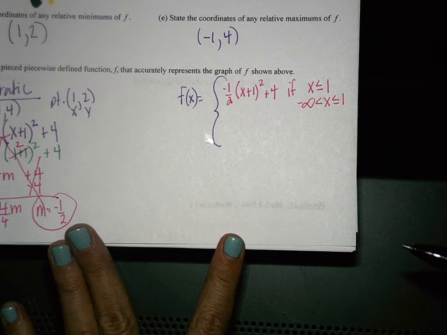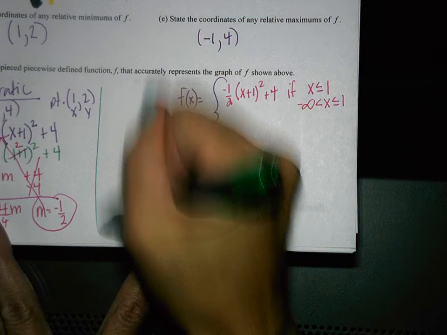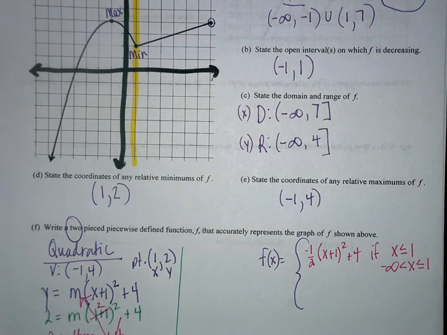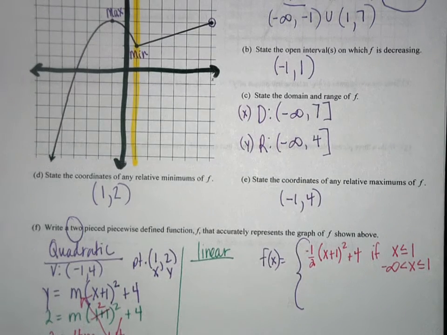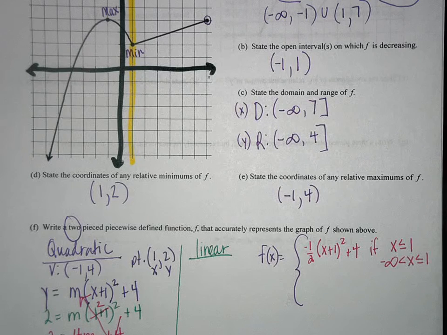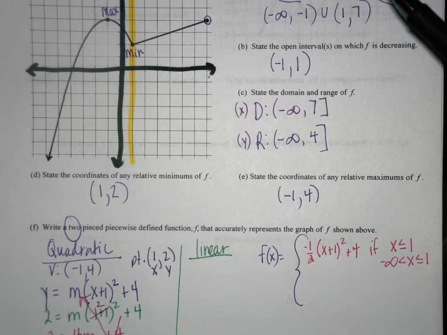Okay. So now we have another function. And so let's go back up here and look at our graph. What type of function is to the right? Good, linear. So with our linear function, we can use any point that we want to start with.